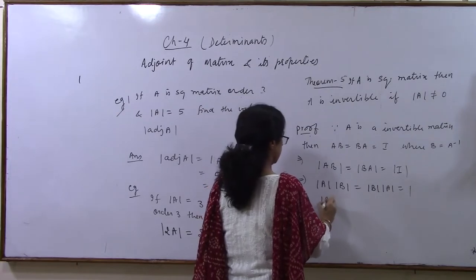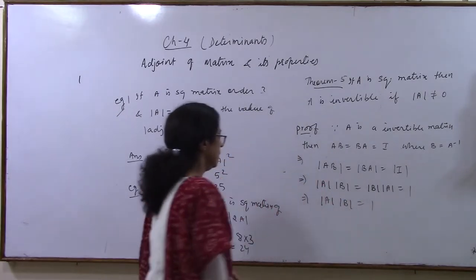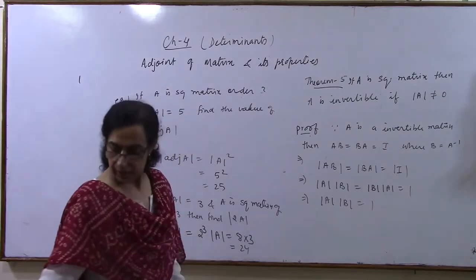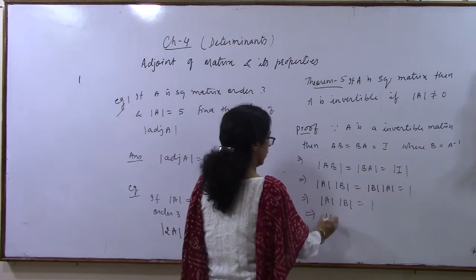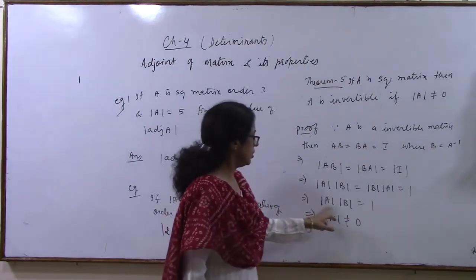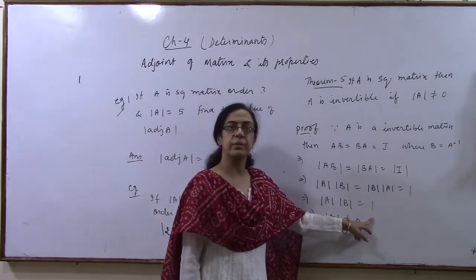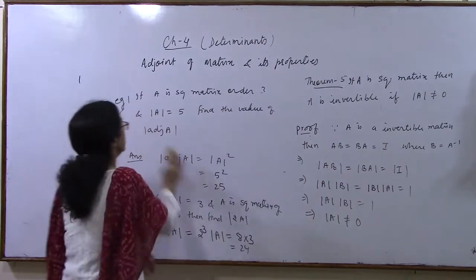That is determinant A, determinant B equal to 1. It means determinant A is not equal to 0. अगर ये 0 होता तो इन दोनों का प्रोडक्ट 1 कभी भी नहीं आता. So determinant A is not equal to 0.